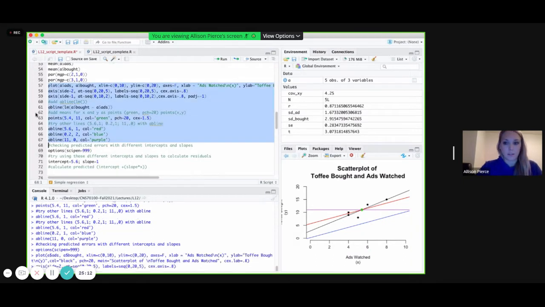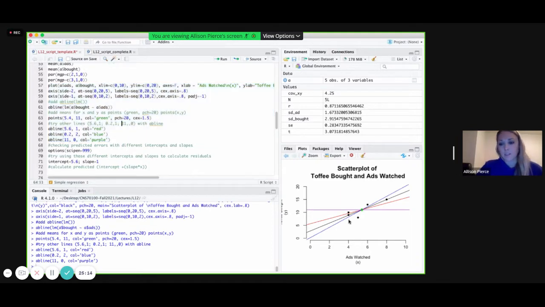So now you can see all of these lines go through the mean, right? But some of them fit better than others. Obviously this purple line is doing a really bad job of fitting all these data points. This red one is doing a decent job, but not as good as the black one, right? Because the black one is actually the regression line.